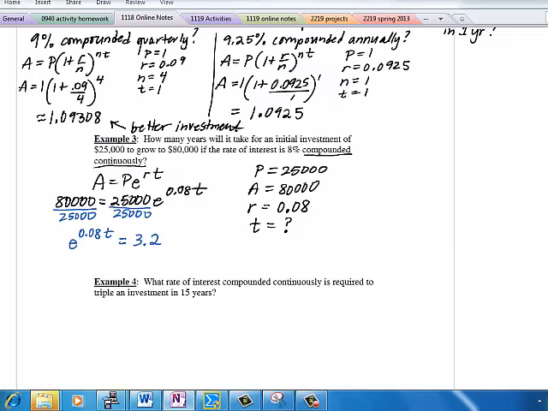And then the way to finish this is to take the natural log of both sides. We can move the exponent down on the left side. And the natural log of e is just 1. So t would be the natural log of 3.2 divided by 0.08.